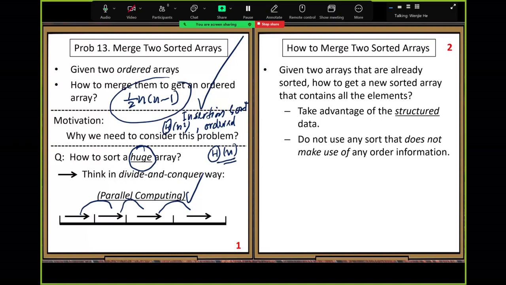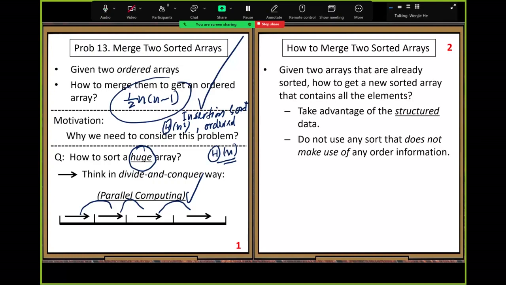From big theta of n squared to big theta of n. Big improvement. So that means we should borrow the property from the insertion sort to help us make our merge operation faster.